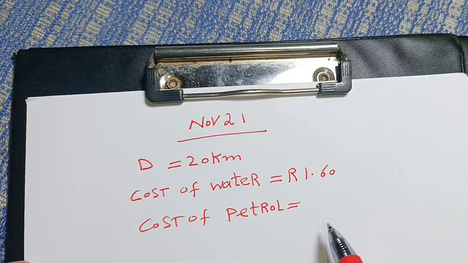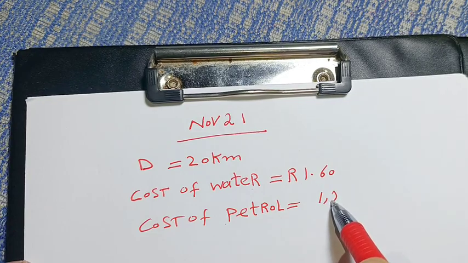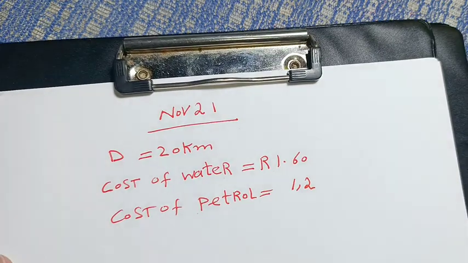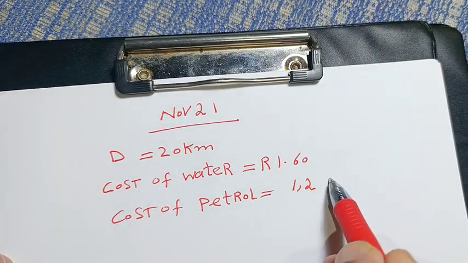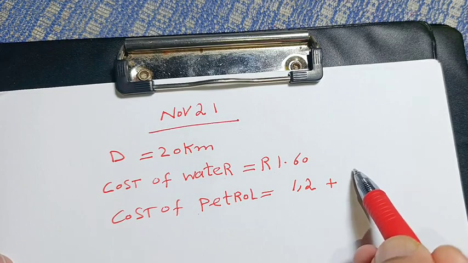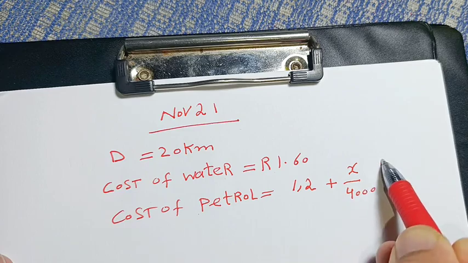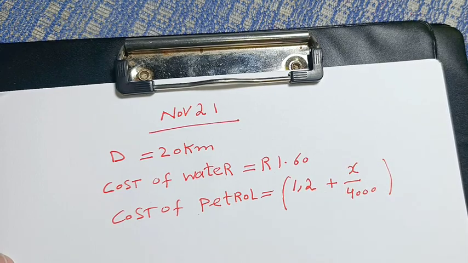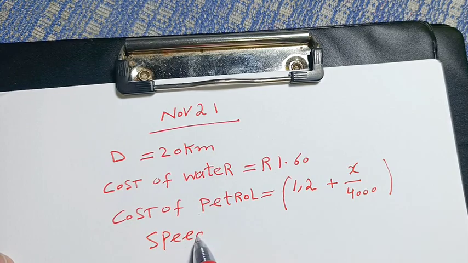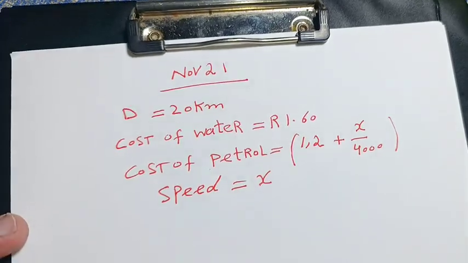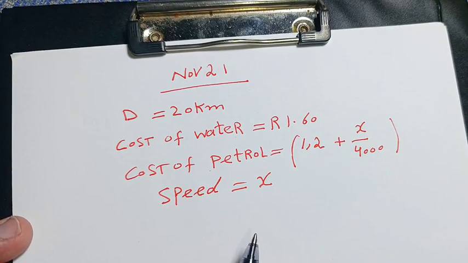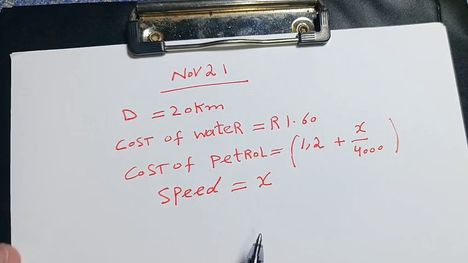And the cost of petrol we have 1,2 plus x over 4,000. This is given, and speed is also given, which we denote with x. Now this is all the information we have.